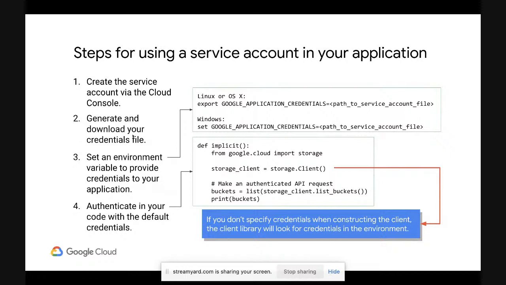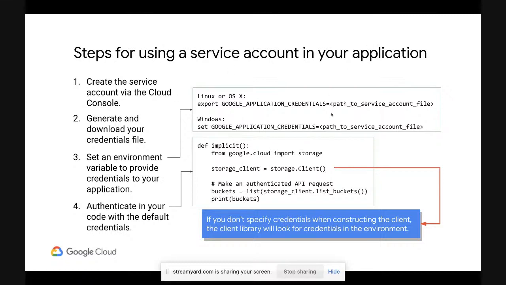And this is an example of the steps to do that. To use a service account in your application, first you create the service account via the command line from Cloud Shell or via the console. You then generate and download your credentials file, and then you can set an environment variable with a path to your downloaded credentials.